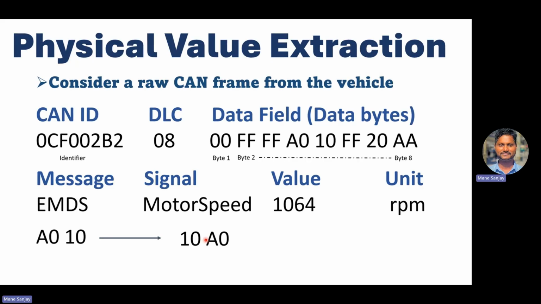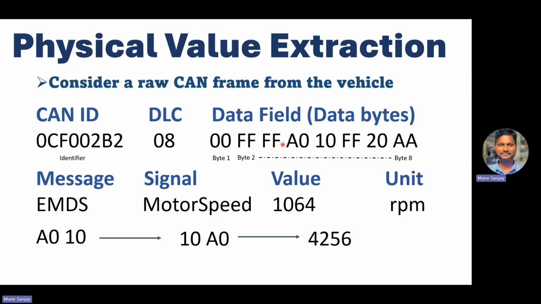Now, just the last step is how to convert this value directly to decimal. From the hexadecimal string, you have to convert this value to decimal. You just need to know which signal you want to extract from the raw frame to the physical value. I know my signal, that's motor speed, and I know its start bit.